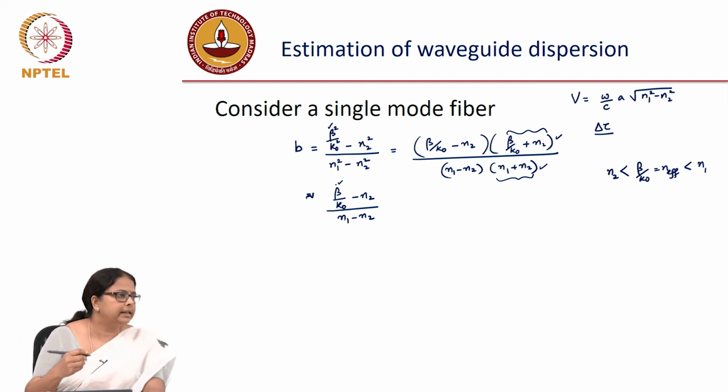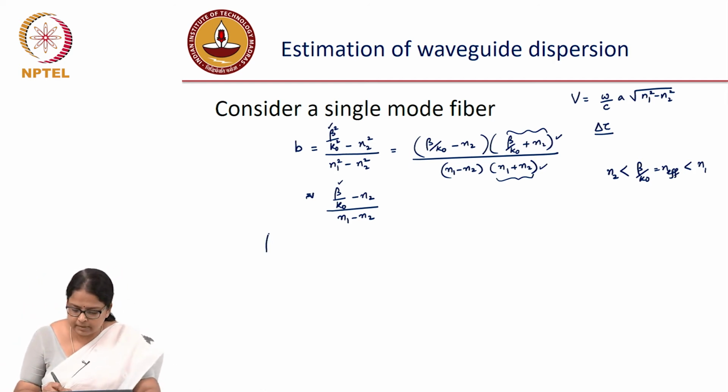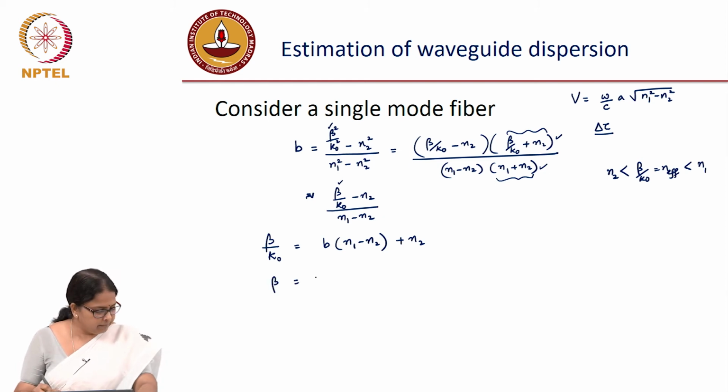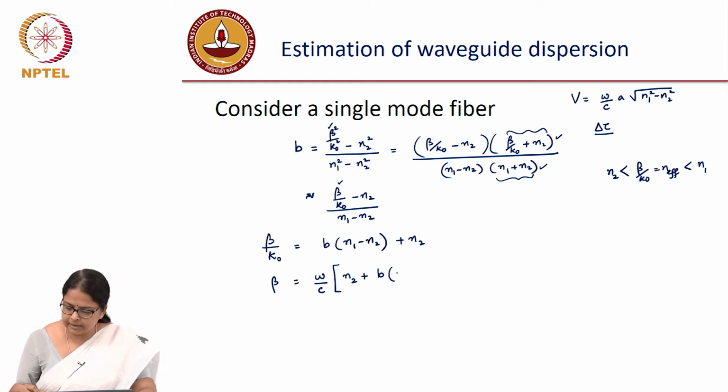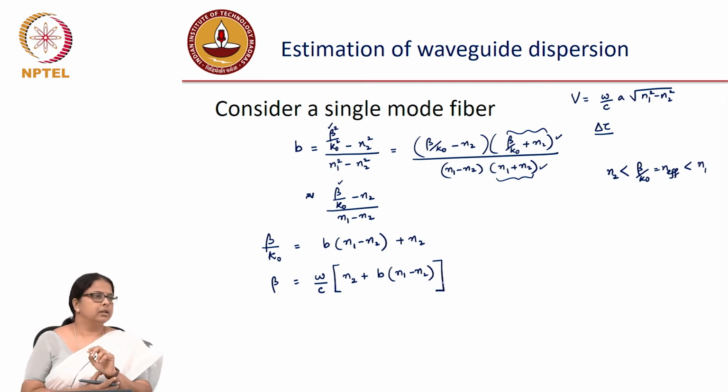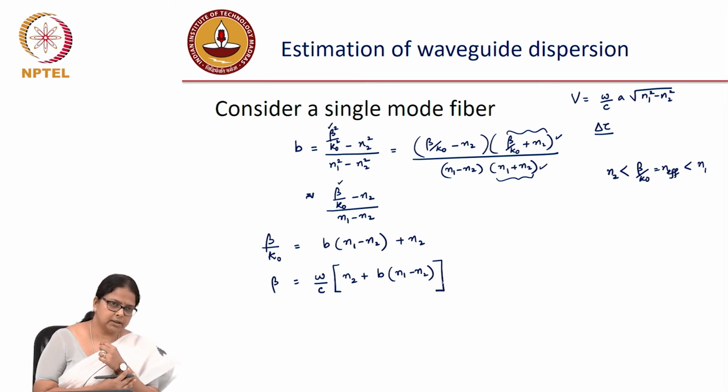So, I am going to write beta in terms of B. So, this becomes, just algebra, beta by k naught equal to B times n1 minus n2 plus n2, or my beta is equal to k naught which is omega by c times n2 plus B times n1 minus n2. So, I got my propagation constant, okay.